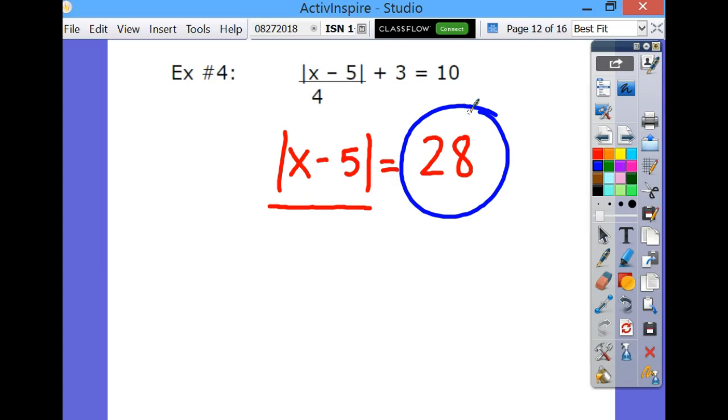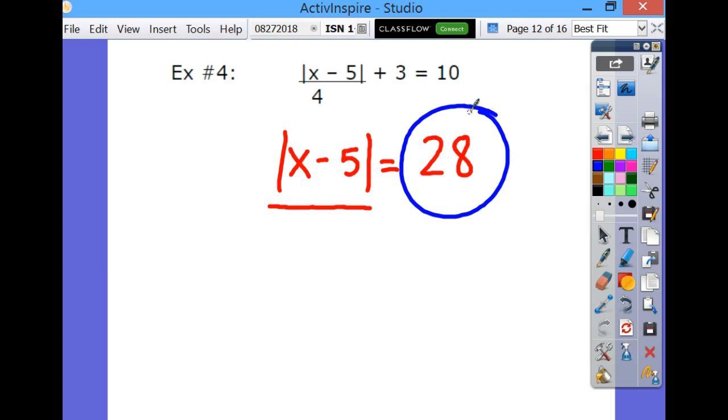It's not going to change, and the reason it's not going to change is it doesn't have a variable. Is that 28 or 28x? Just 28. If you have an absolute value equal to a number without a variable, a positive number without a variable, those two answers, assuming you hadn't made a sign mistake along the way, will always check out.